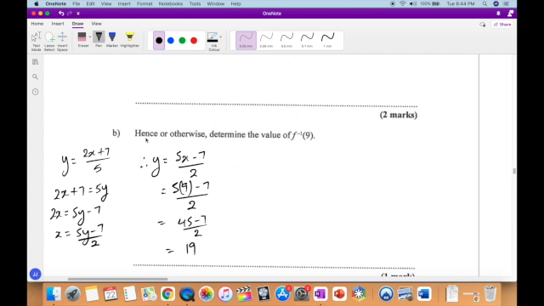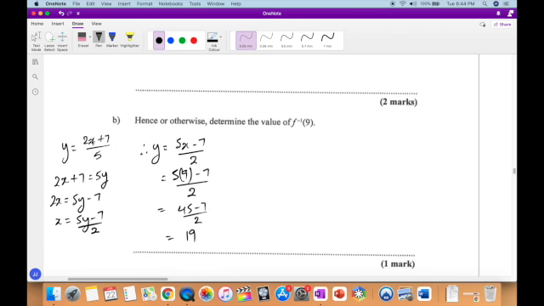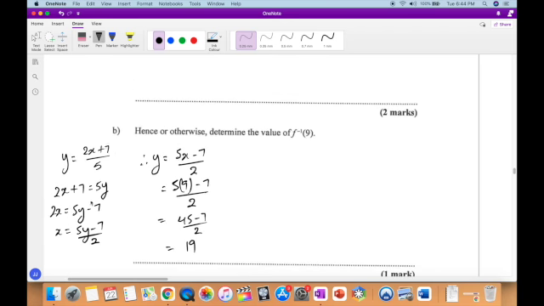So the point here, I determine hence or otherwise, and you notice it's just 1 mark, right? The point here is, look at what we did when we found the inverse. We actually made x the subject of the formula. We find for x. But look at what we did here. We basically found for x and we put the 9 where the y is.